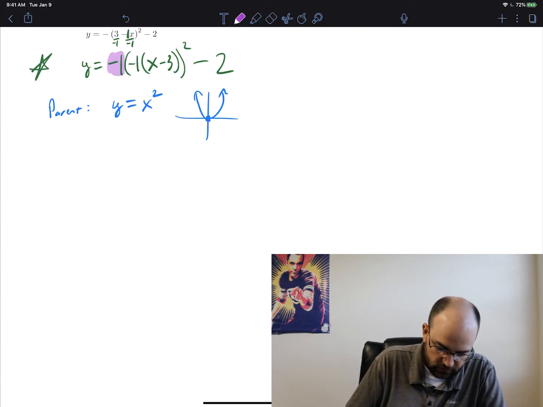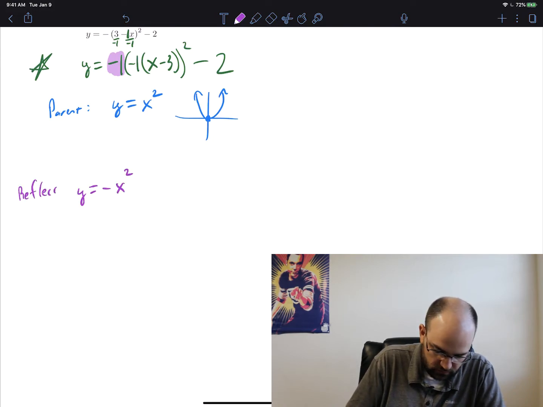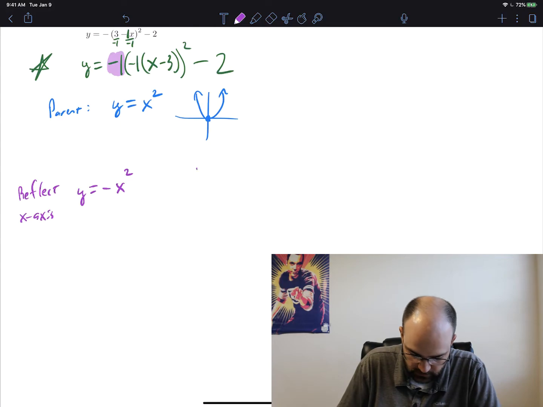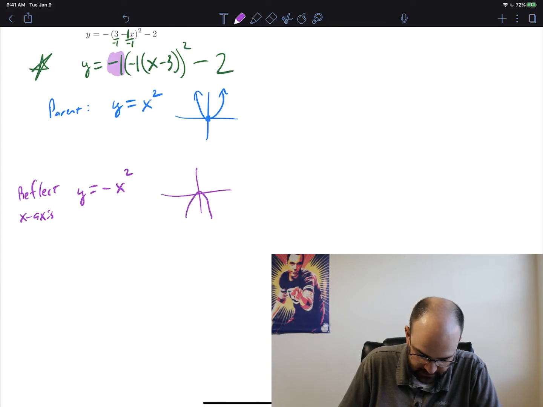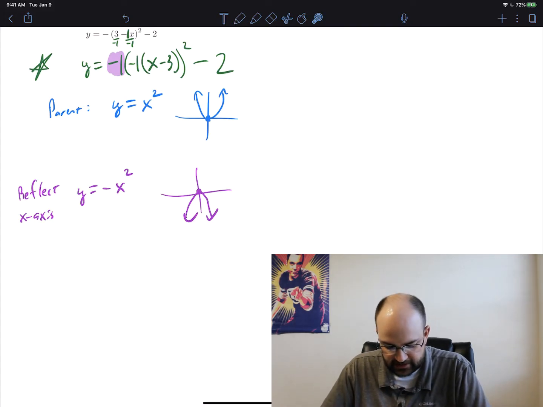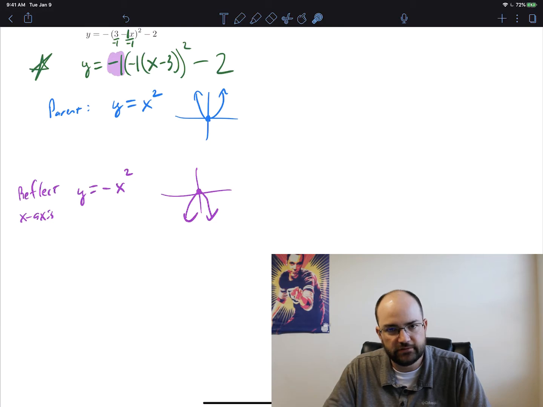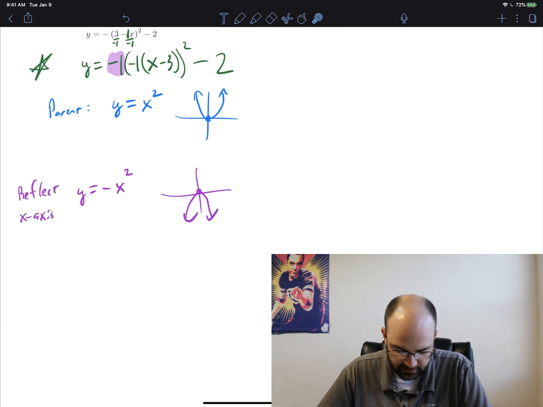So if we were to graph y equals negative x squared, that is a reflection across the x-axis. And of course, that makes it look like this. One thing to notice though is that the vertex is still in the same place because the y value is 0. 0 times anything is still 0. But it's a maximum now.